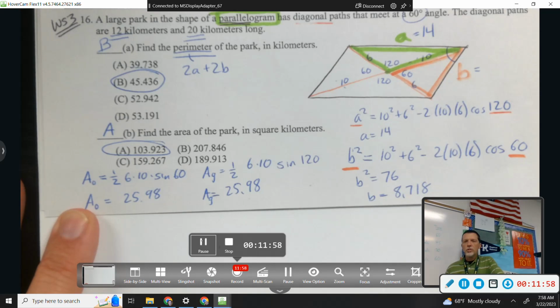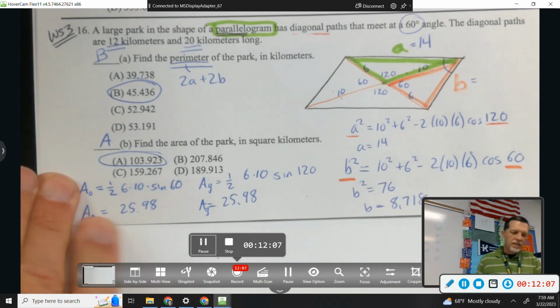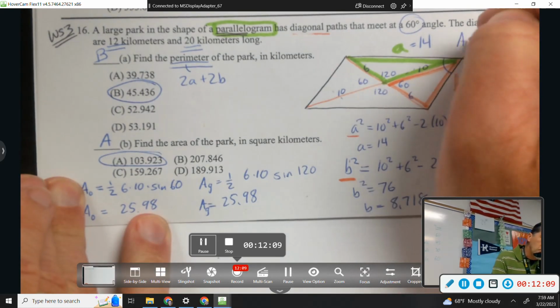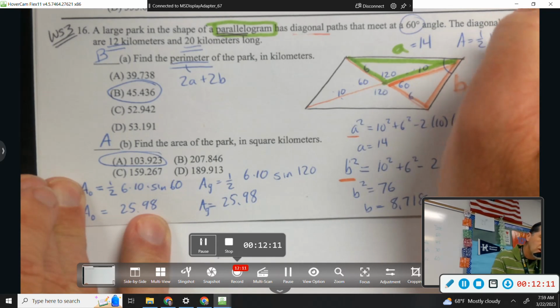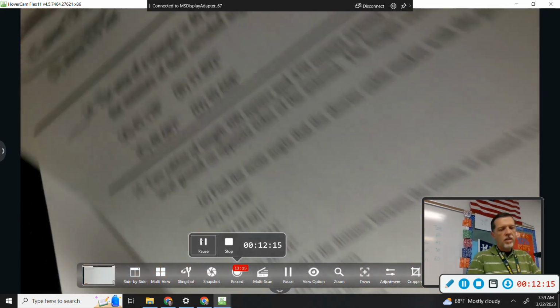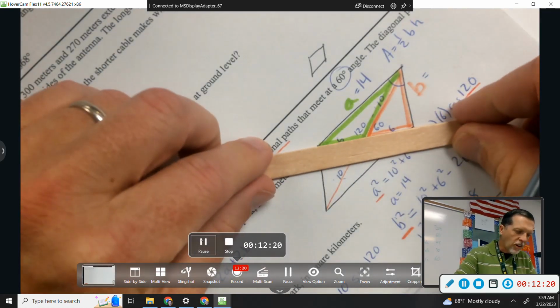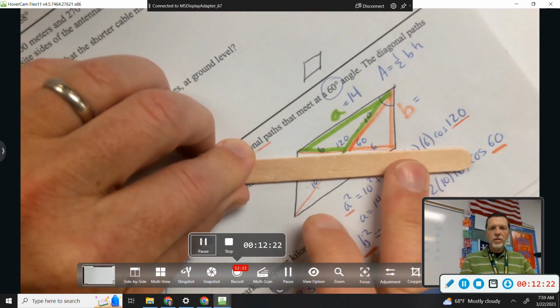Two oranges and two greens. Are they always going to equal the same thing? They are, because think back to the original area of a triangle. 1/2 base times height. So you don't have to look at the orange triangle and the green triangle.